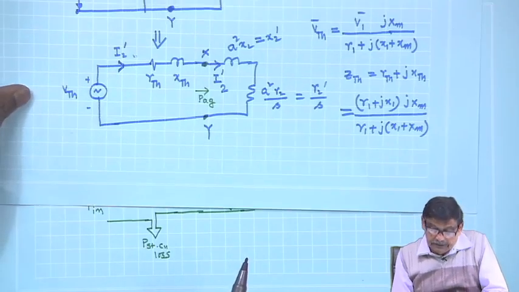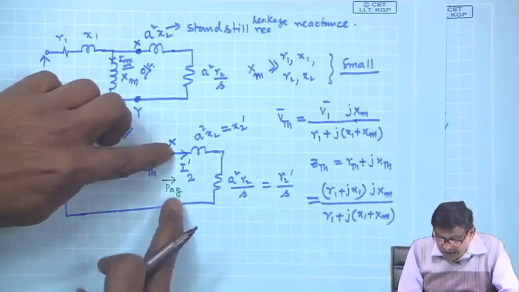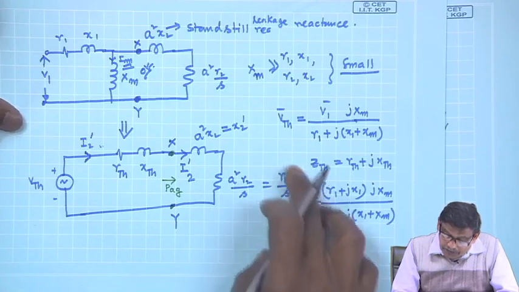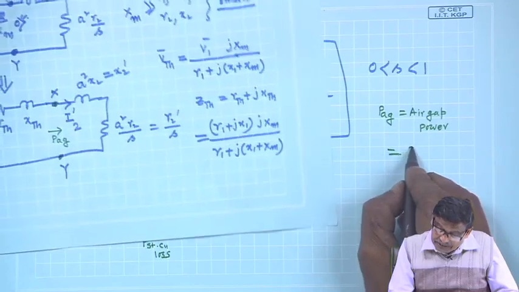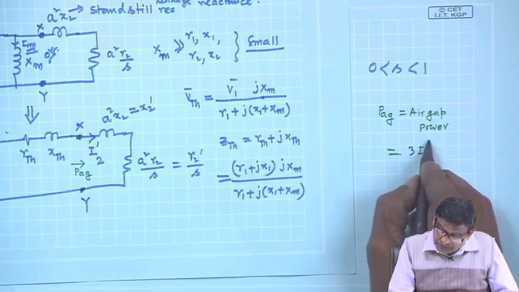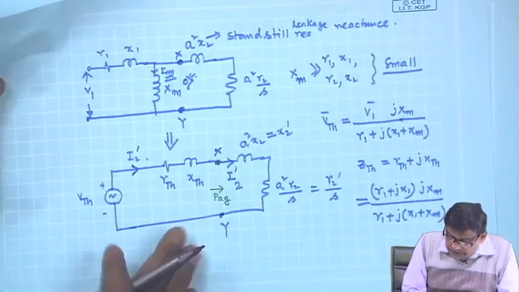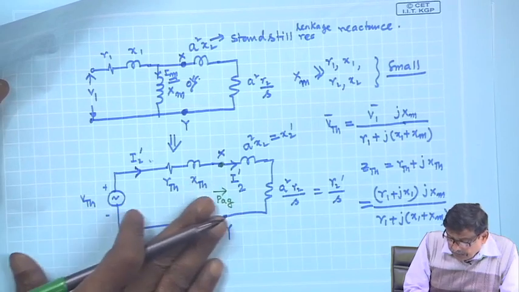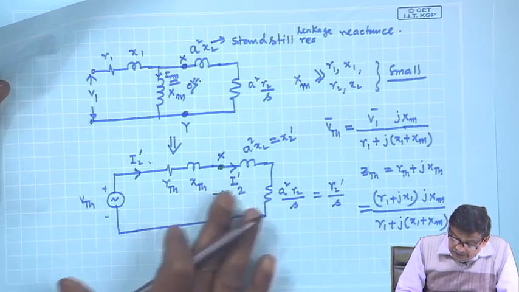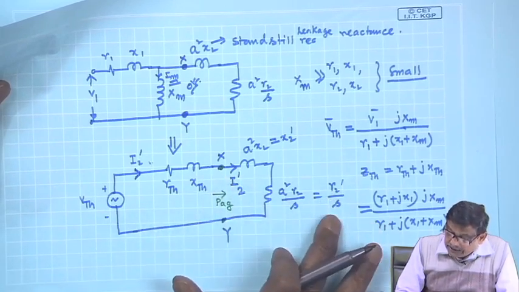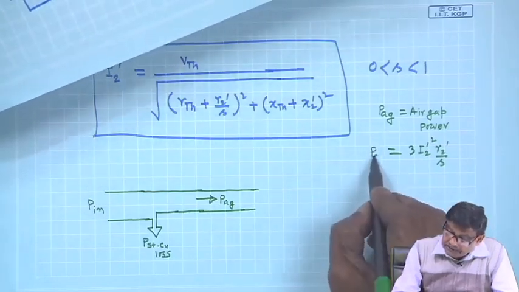And this air gap power, as you can see, must be equal to the power in R 2 dash by S. That is, it will be nothing but 3 I 2 dash squared into R 2 dash by S. It has to be, because in this circuit the only resistance is R 2 dash by S. So, this current squared, I 2 dash squared into R 2 dash by S, is the air gap power. So, PAG is this.